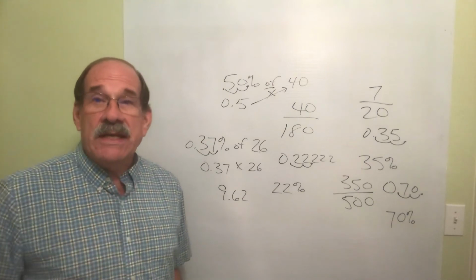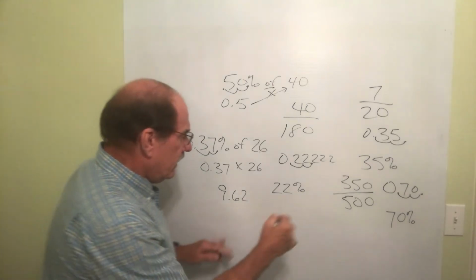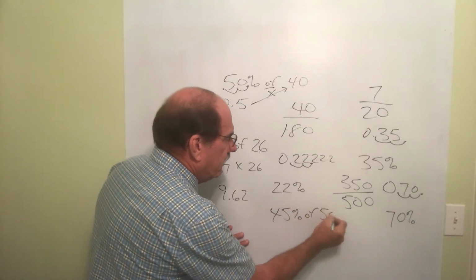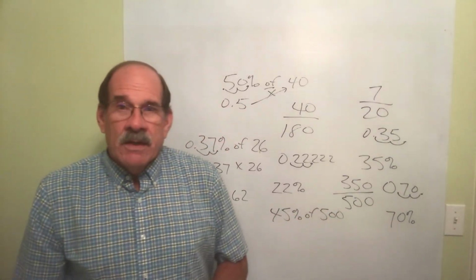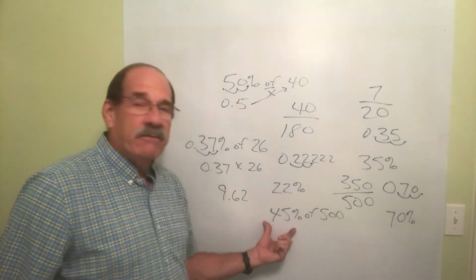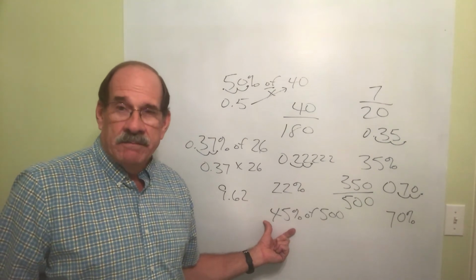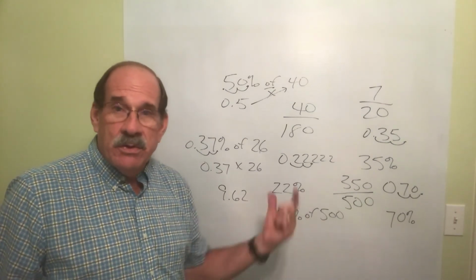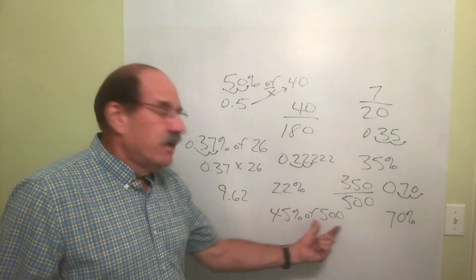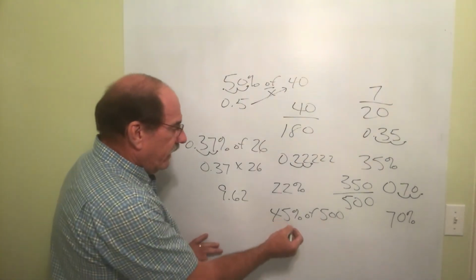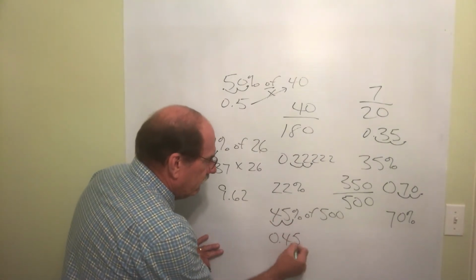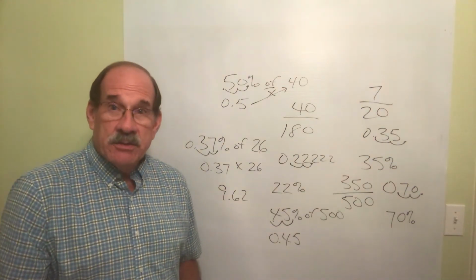Let's do one more to get the hang of this. What is 45% of 500? Let's say your patient has a 500 milliliter bag of IV fluid and 45% of it is gone. It's already been infused into your patient. How much is that? What is 45% of 500? 45%, the dot's there, move it back. 0.45 is the equivalent decimal number.